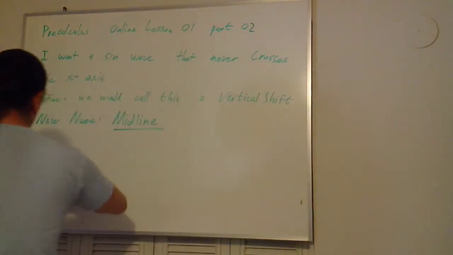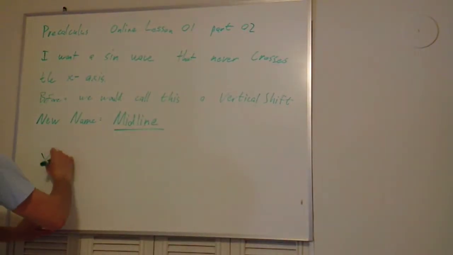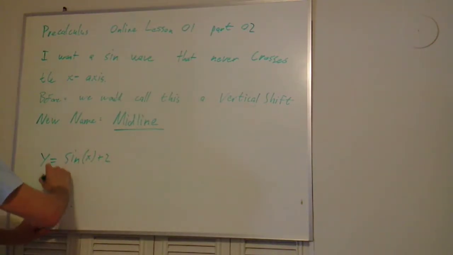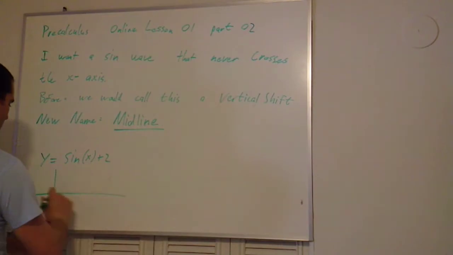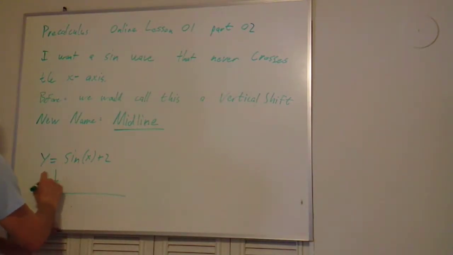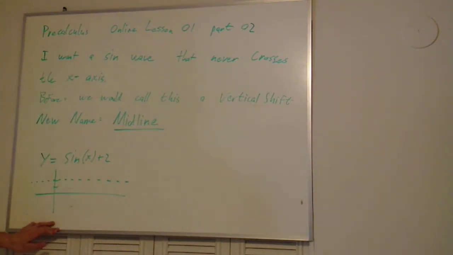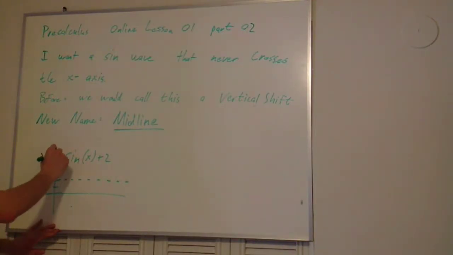So we can get this by looking at something like y equals the sine of x plus 2. I like to draw the midline as a dotted line. That helps me out. So if it's sine of x, the amplitude here is 1.